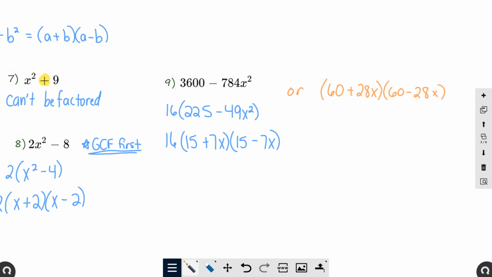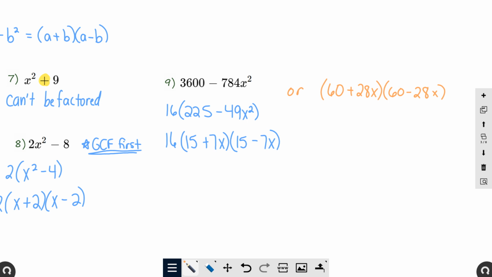But what do you notice about those parentheses? Are they simplified as much as possible? Because they have a greatest common factor. What goes into 60 and 28? 4. 4 will actually go into both of them.